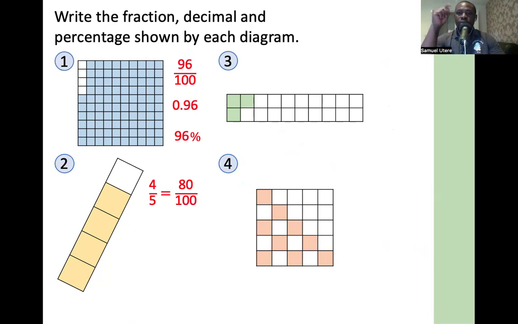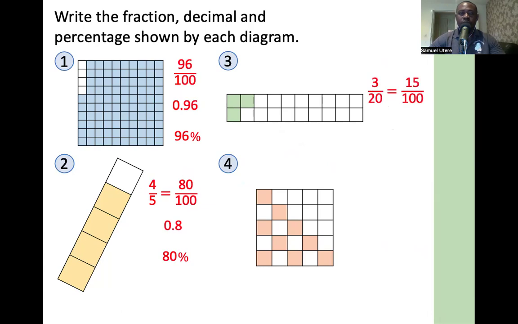Remember 1/5 is 20 squares, so 4/5 will be 4 lots of those 20 squares, which is 80 squares. So that's why 4/5 is 80 hundredths. As a decimal, that will be 0.8. And as a percentage, remember percentage is out of 100, that will be 80%.